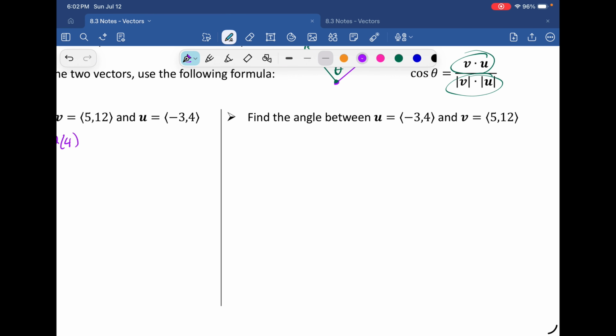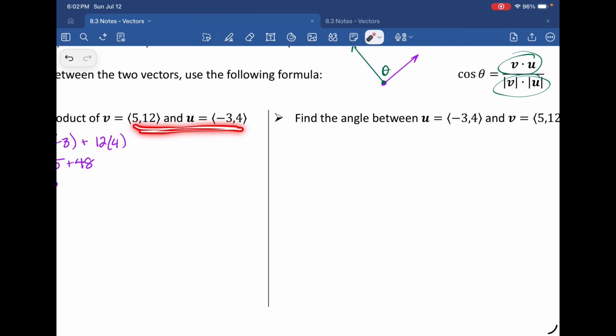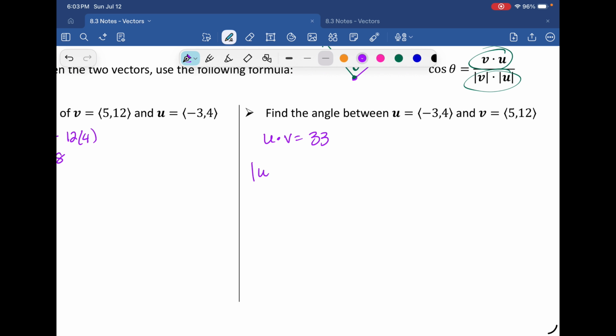All right, find the angle between u and v. So if we notice, u and v are basically the same components as v and u over here. Actually, they are the same. So we already know the dot product. We're going to go ahead and find the magnitude of u. That's 5. We're going to find the magnitude of v.